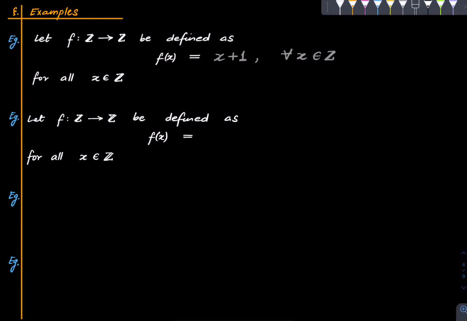It is again a function from Z to Z. So it picks an integer and gives an integer, and we define it as f: x going to x squared for all x in Z. So it is outputting the square of what you feed it. Okay?